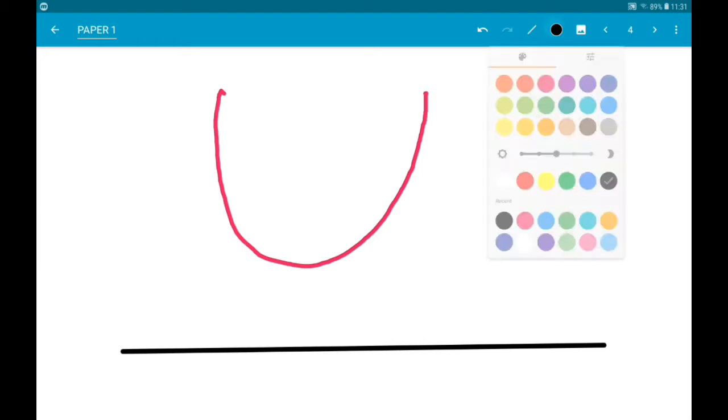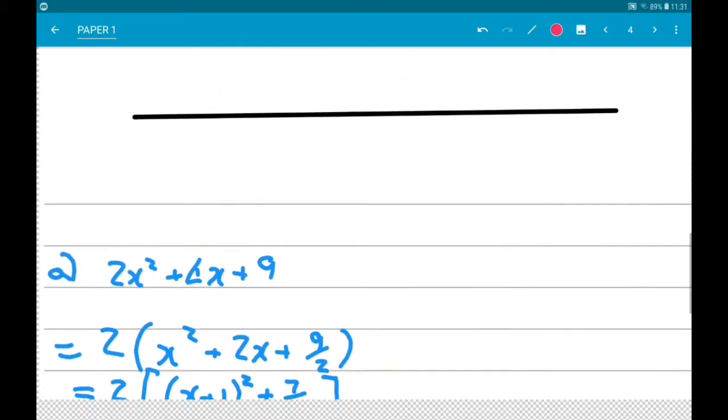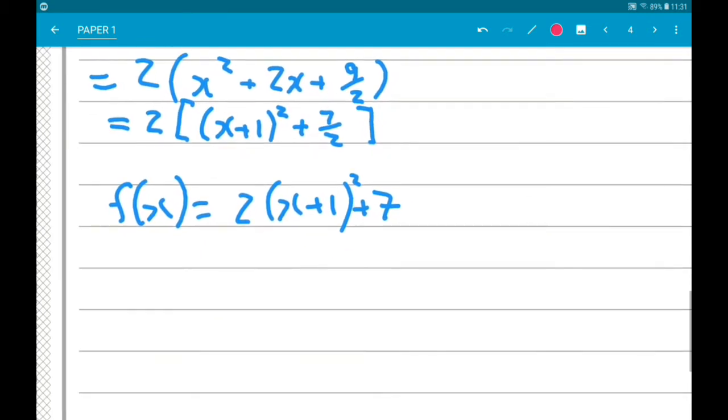So, we get turning points from completed square form.